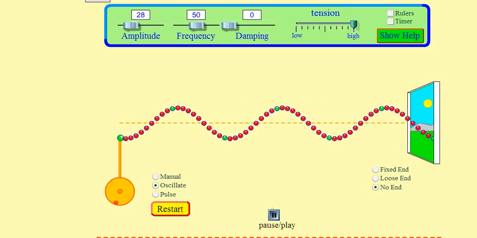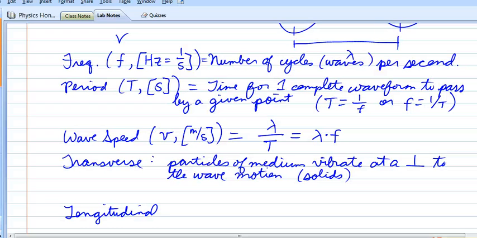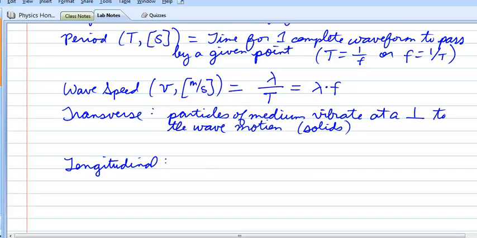Okay, so the opposite of that is a longitudinal, where the particles of the medium vibrate parallel to the wave motion.